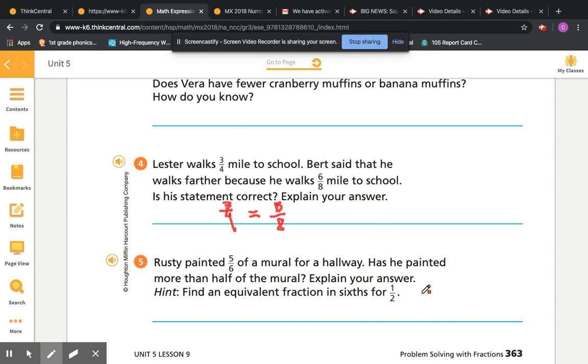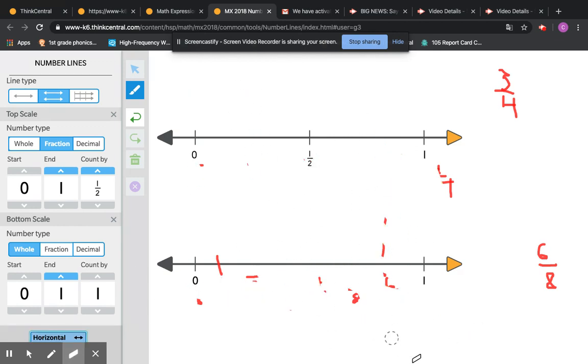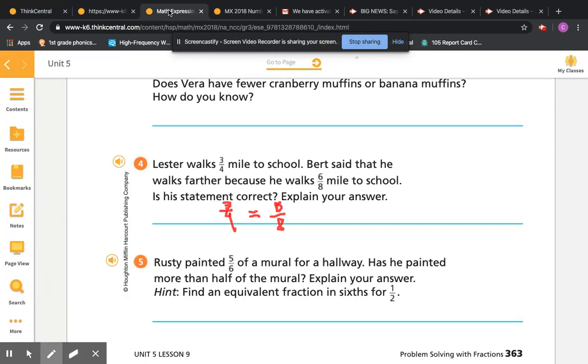They don't have a numerator in common, or a denominator in common, which means you're going to have to draw two number lines and plot your fractions here and check which one is closer to 1, or if they are located at the same point, which makes them equivalent fractions. Okay, you are going to have to figure that out after you do your number lines, all right?